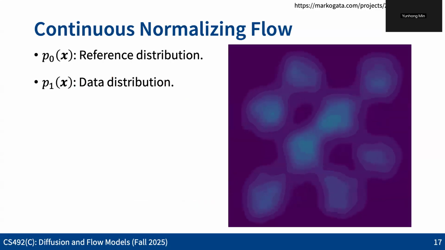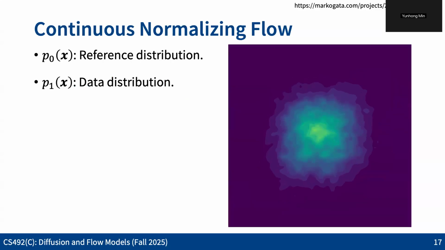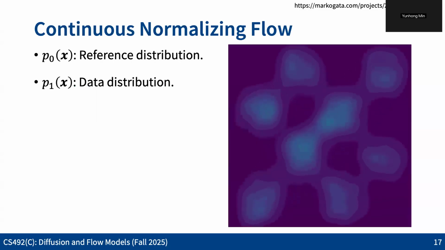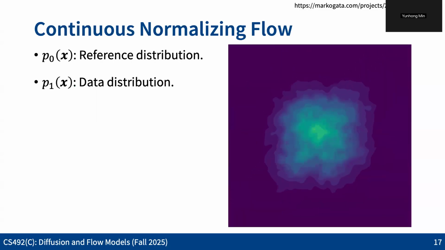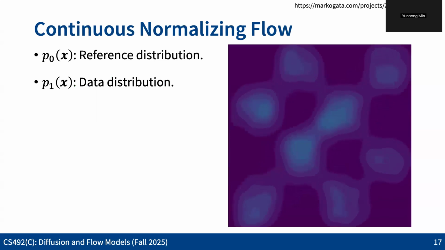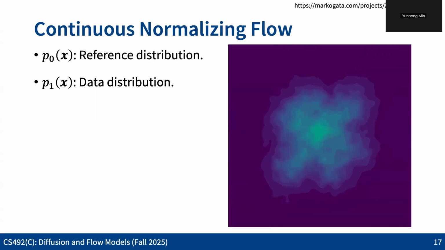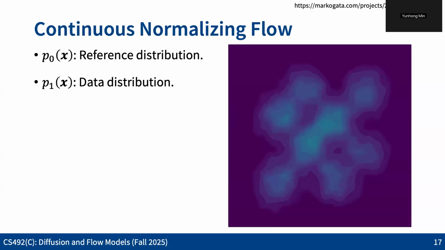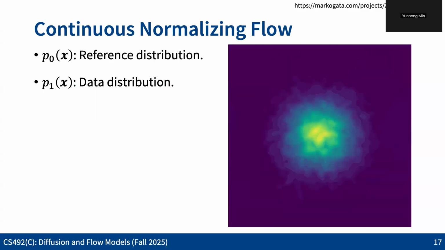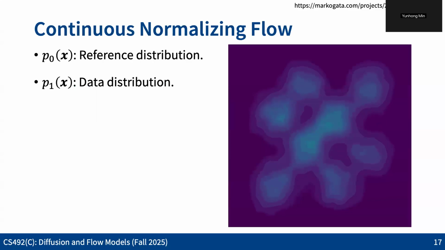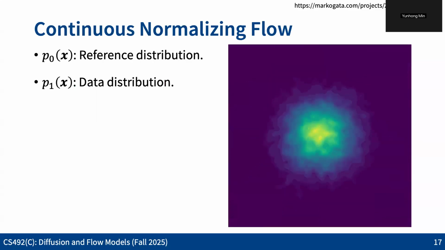I'm not gonna get into too much detail for now, but the key distinction between flow models and diffusion models is that everything we discussed for the diffusion model assumes the reference distribution is the standard Gaussian distribution, right? We have seen an example in our test of not having the standard isotropic distribution but some kind of anisotropic distribution, right?